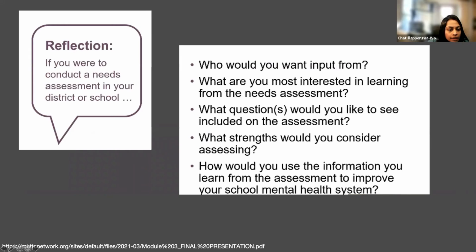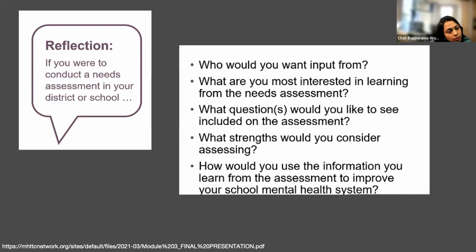So I want to pause here for reflection. Hypothetically, if you're a school that has not conducted a needs assessment, or you are a school who has conducted a needs assessment, but for this purpose, if you were to conduct a needs assessment in your school or your district, what would that look like?